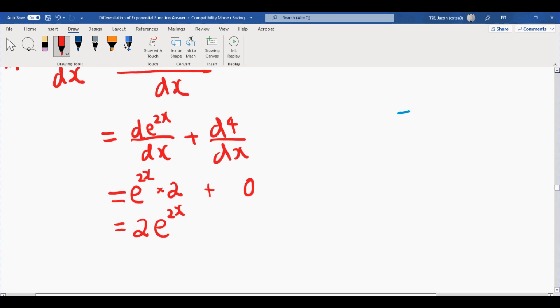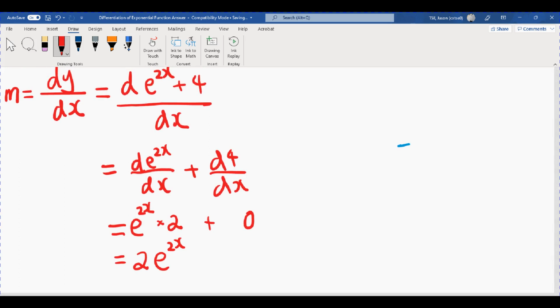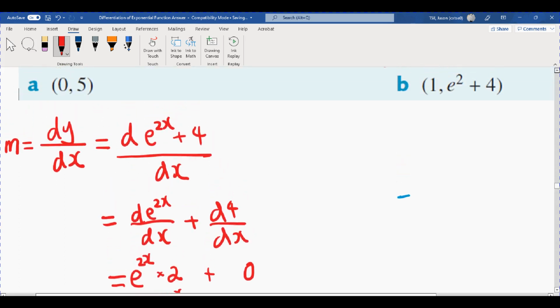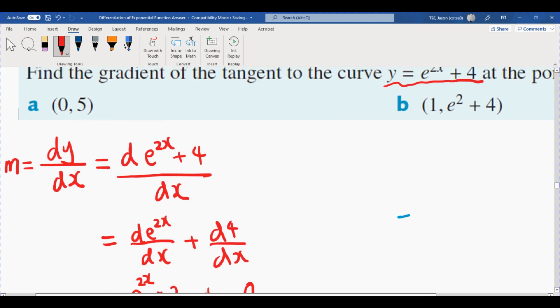So that's it. But this is the derivative for any x. But you see, they give you a point. So this is the point, 0, 5, which is, of course, on the curve. If they give you the point, of course, at different points, you will have different gradients, won't you?